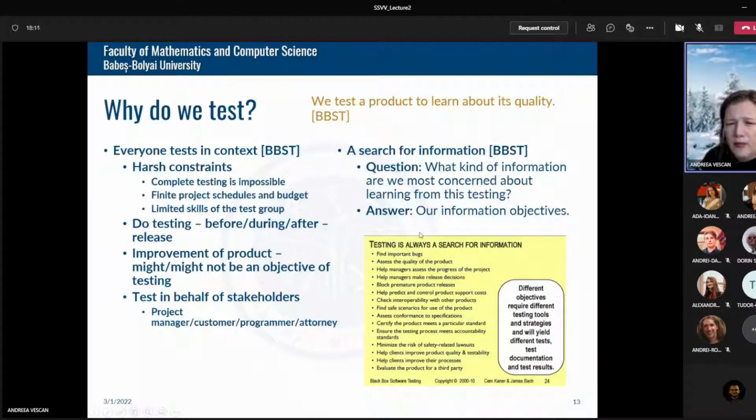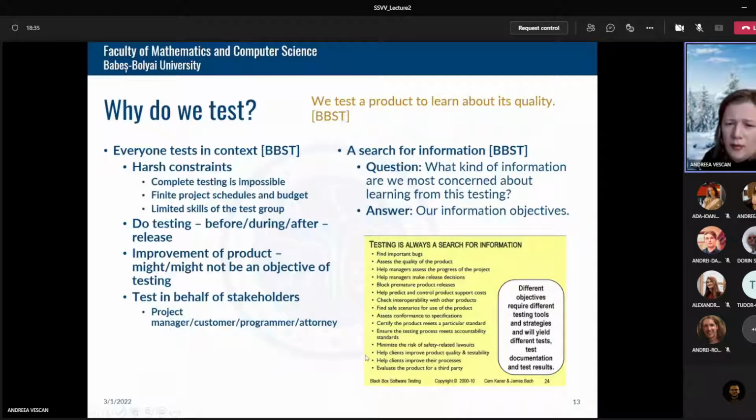And you can find several aims of testing. For example, it could be the aim to find bugs, but could also be information for helping managers with different decisions, whether we talk about the release of the project or the progress and so on.